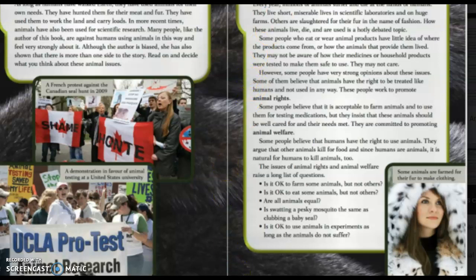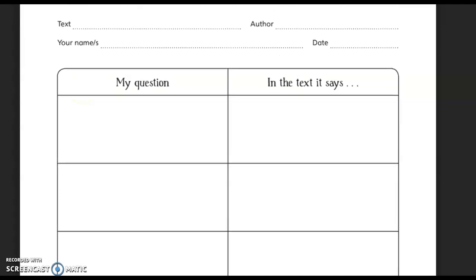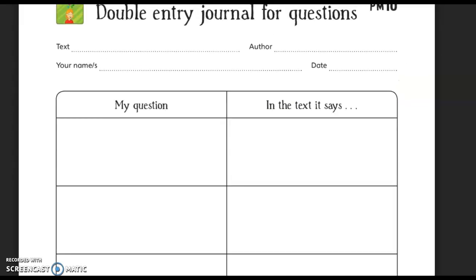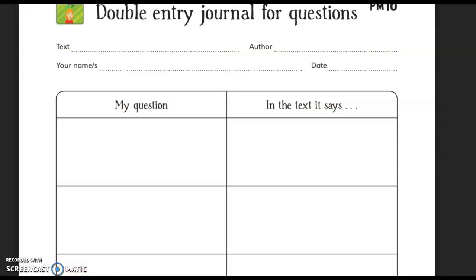Now I'm going to go back to the double entry journal. There we go. I know the text is called, no I don't, because I've forgotten what it's called: Animal Issues. So my first question is going to be, what is the issue with animals?